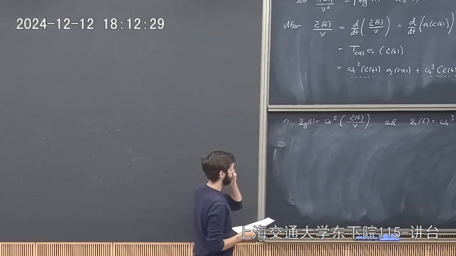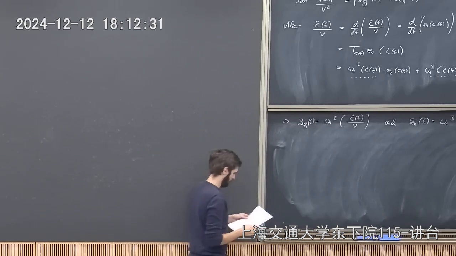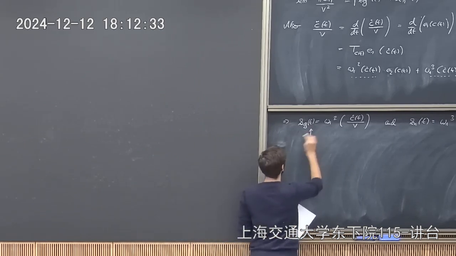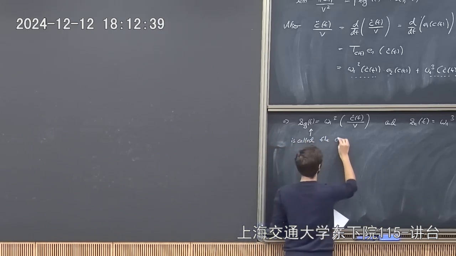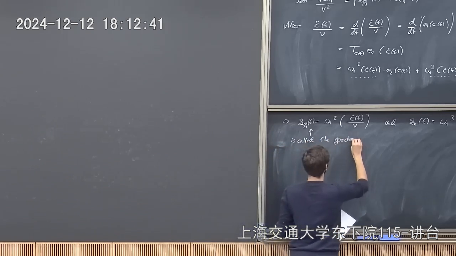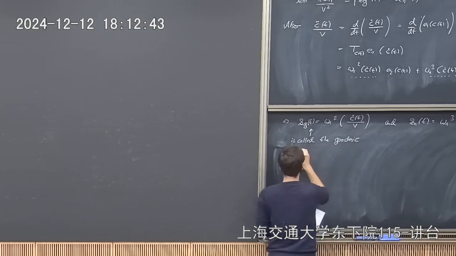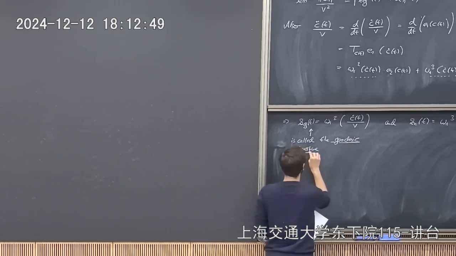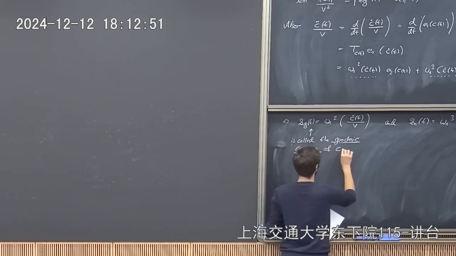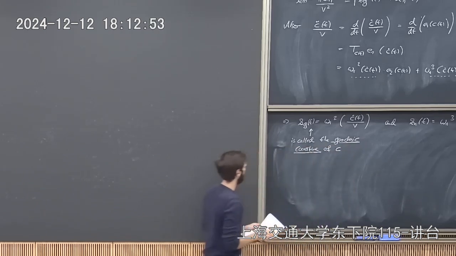So that's the two formulas that we get now. And as I said already, this one is called the geodesic curvature of C as a curve inside of S.